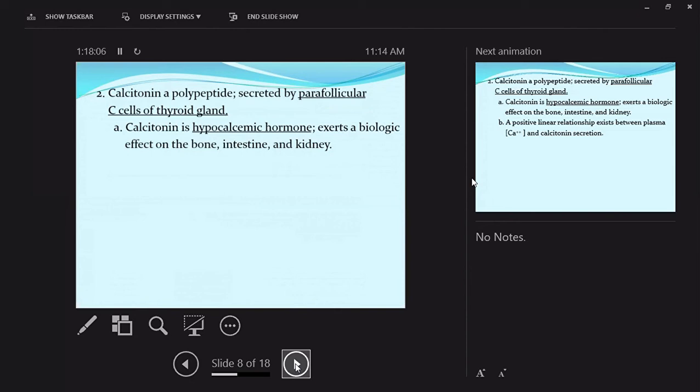It is a hypocalcemic hormone. It exerts a biologic effect on the bone, the intestine, and the kidney.